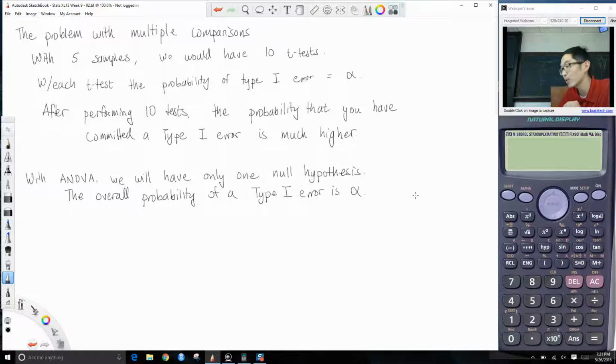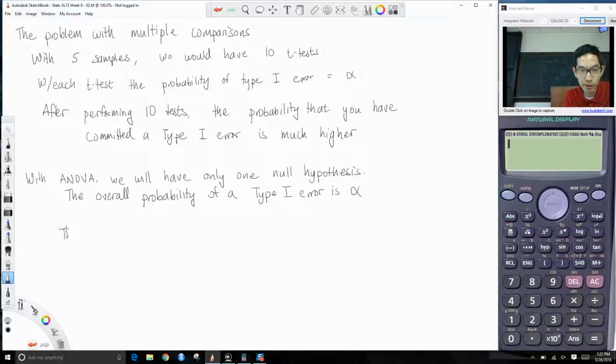With one-way ANOVA, the null hypothesis is that all of the means are the same, and the alternative is that at least one of the means is different. The conclusion you get from ANOVA is just that something is different from the others, and it won't tell you exactly which one it is. You might be able to suspect it from the data, but ANOVA itself will not tell you it is this one that's different.